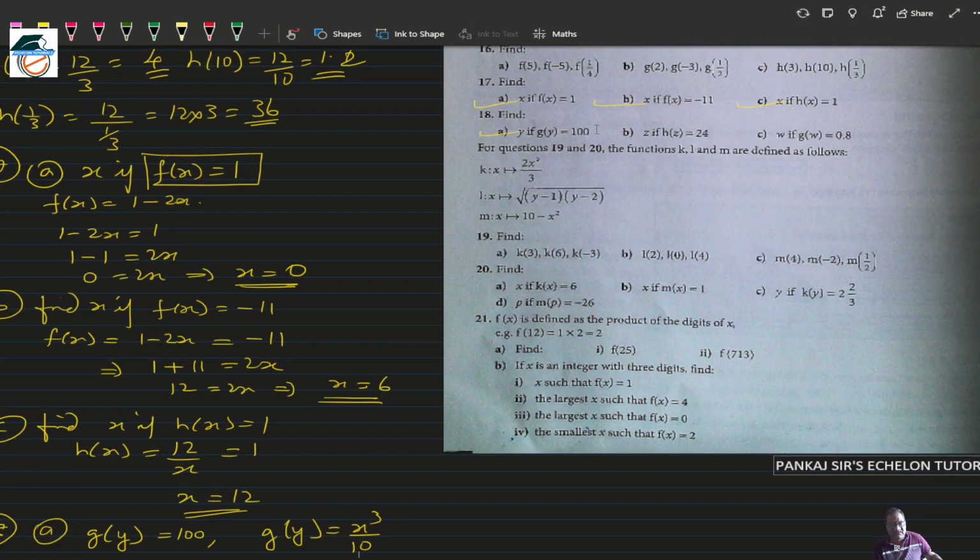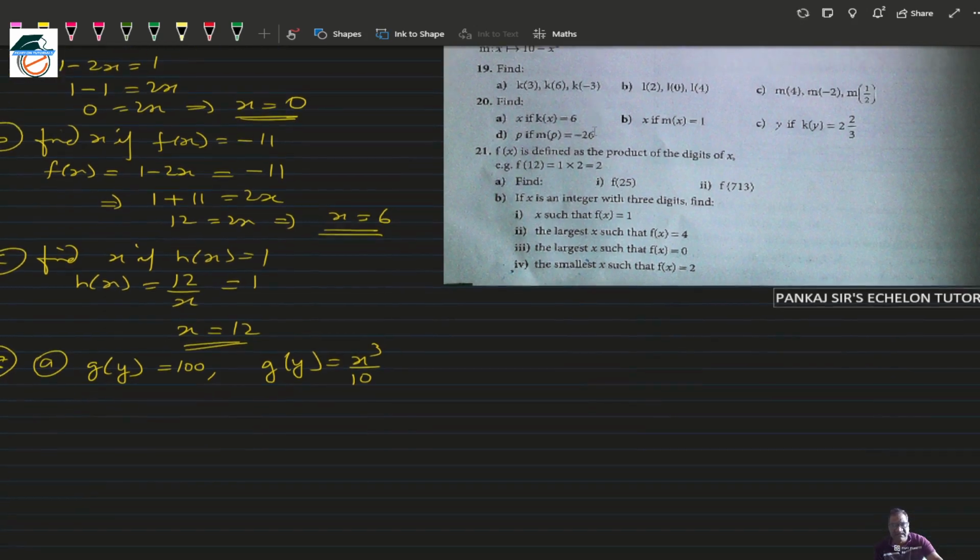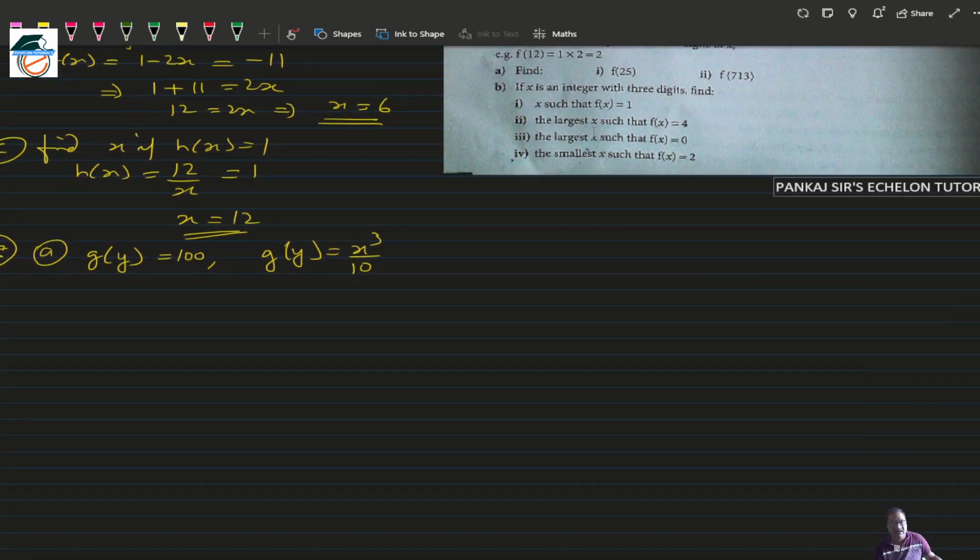So anyways, let us proceed. Can I equate it to 100? Yeah, so your x cube will be equal to 1000. And that makes your x equal to 10.